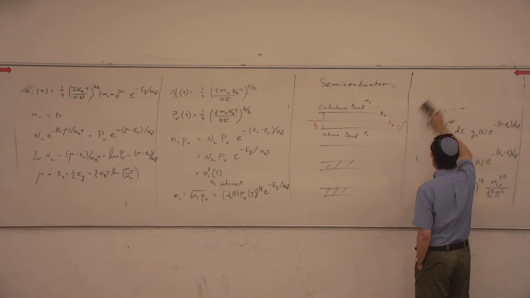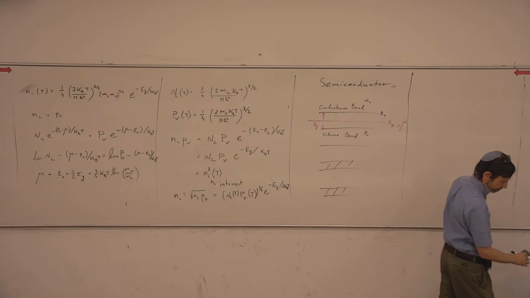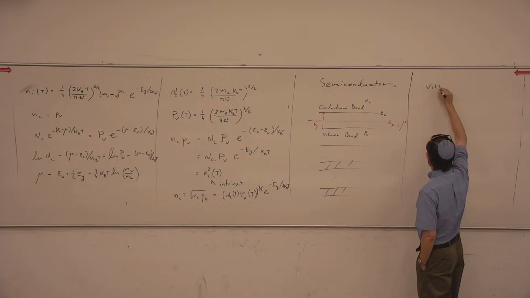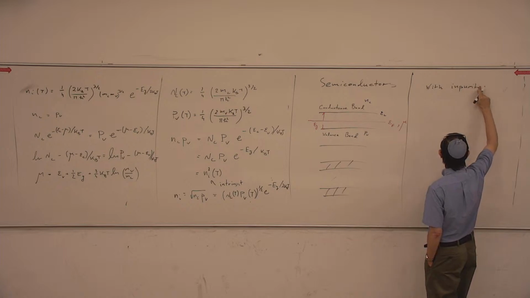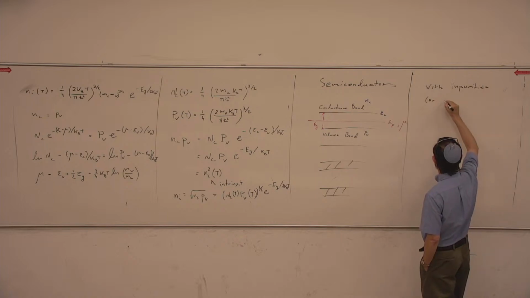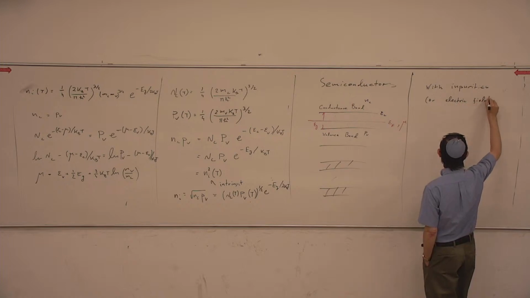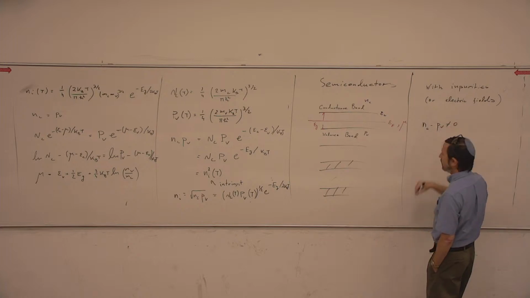So basically what happens, NC minus PV is not equal to 0.